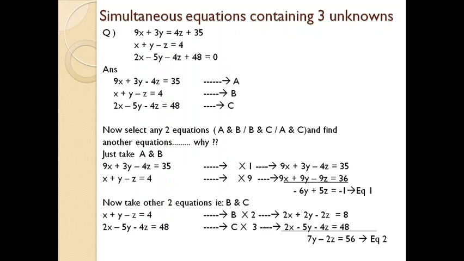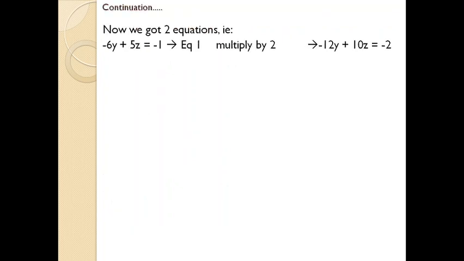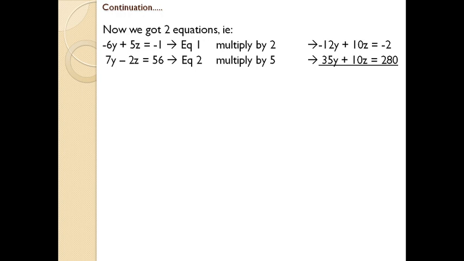After arriving at equations 1 and 2, as usual, from this point onwards you will know. First equation multiplied by 2, we get -12y + 10z = -2, and the second equation I multiplied by 5, you will get 35y + 10z = 80. By solving that, I got y = 6.